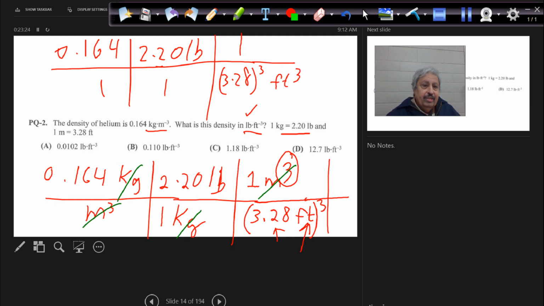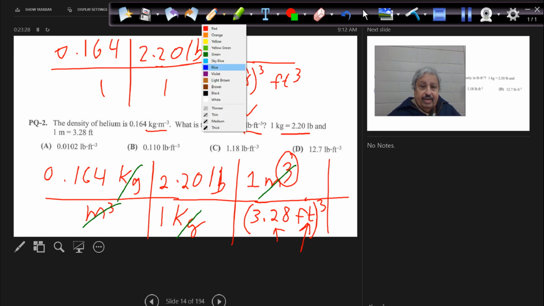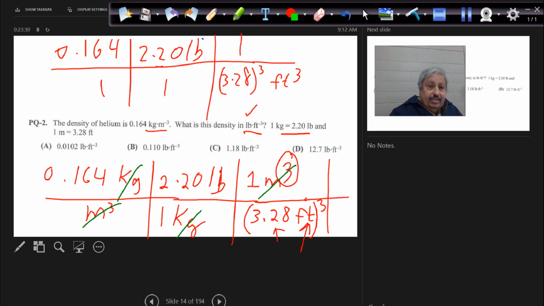So you have to multiply. The units are there now. The units are very nicely done. We have pound here, we have foot cube here, but then we have to multiply this value here by this divided by the cube of this value.